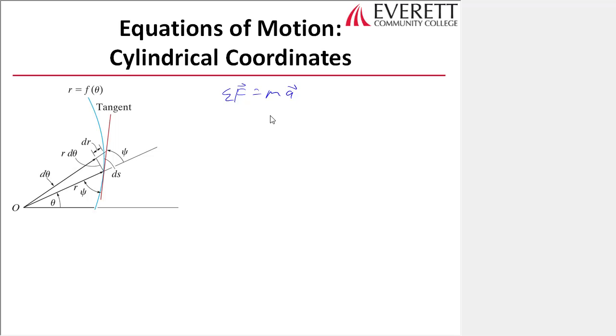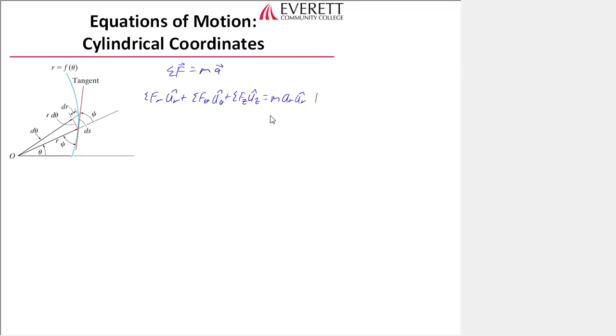The only difference is we're going to break up both our forces and our acceleration in terms of the coordinates of cylindrical coordinates, which would mean sum of the forces in the r times ur plus sum of the forces in the theta times u theta plus sum of the forces in the z times uz equals mass times the acceleration in the r times ur plus mass times acceleration in the theta times u theta plus mass times acceleration in the z times uz.